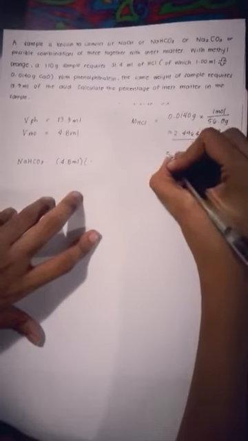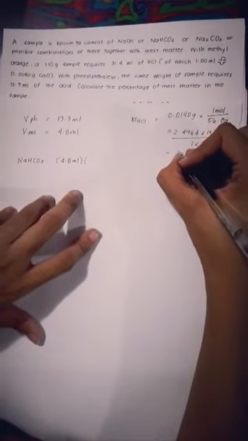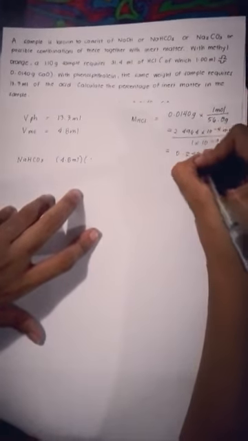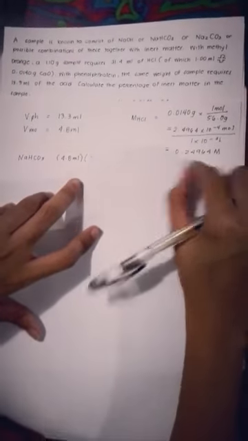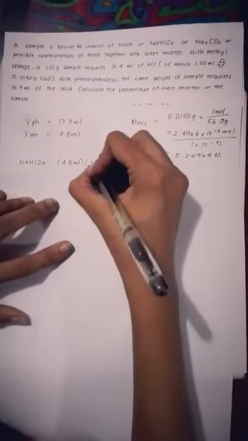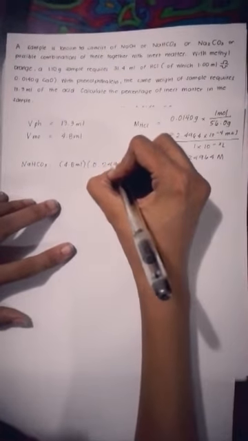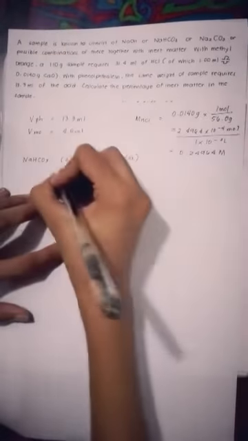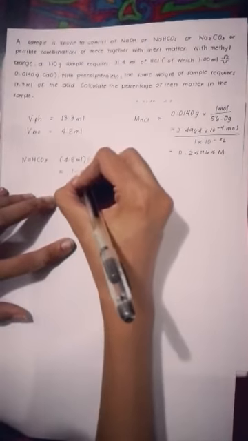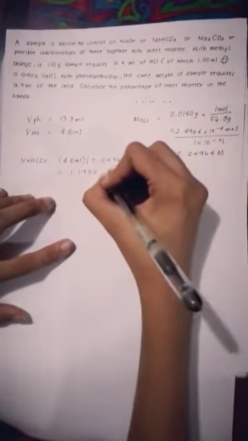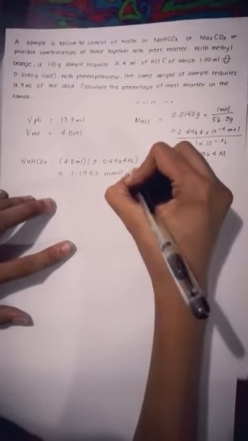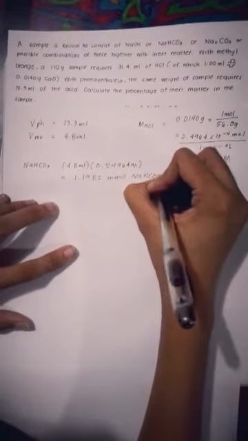So the molarity of the HCl will be equal to 0.24964 M, and this molarity will be multiplied to this 0. Computing, we will be able to solve for the mmol of the sodium bicarbonate.